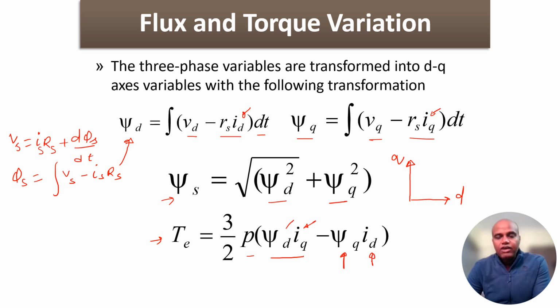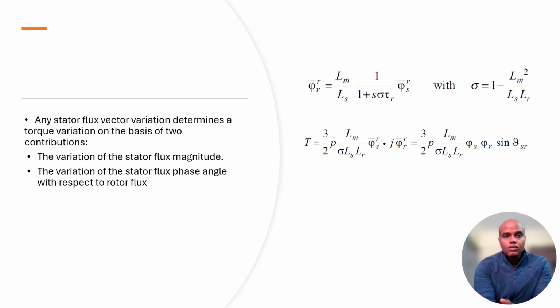I'm just elaborating this torque expression so that we will have a better understanding of how torque can be varied by varying the angle between the stator flux and the rotor flux. So any stator flux vector variation determines a torque variation on the basis of two contributions. One is the variation of the stator flux magnitude itself, and the other is the variation of the stator flux phase angle with respect to the rotor flux.